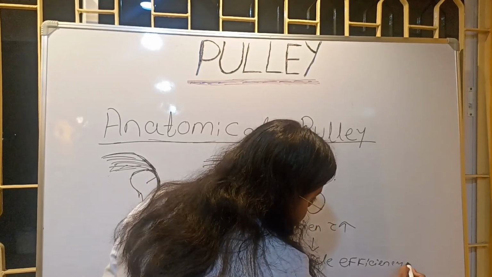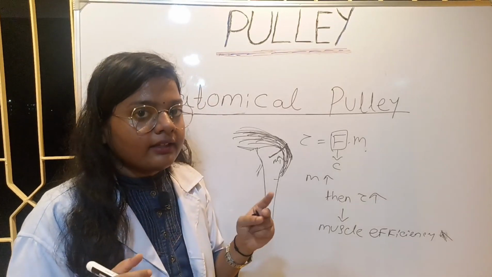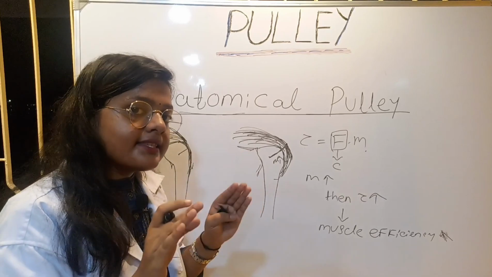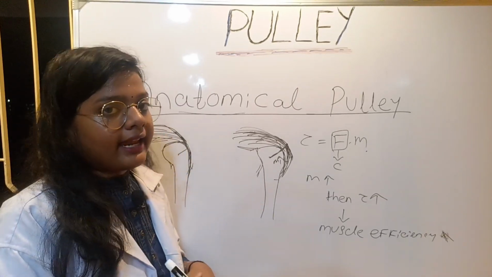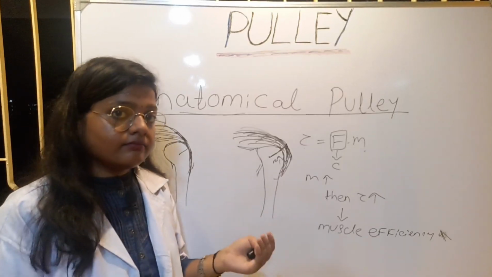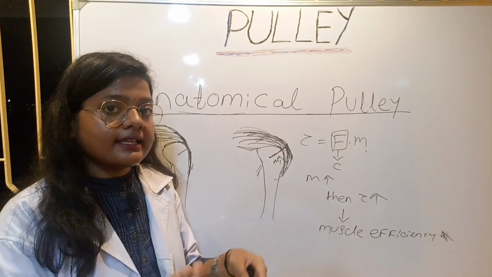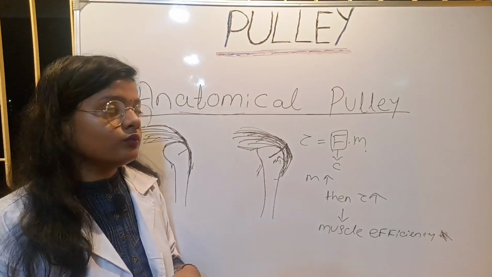So we can conclude that when we extend our moment arm, applying the same force or the same amount of energy, we can get very good output in our muscles, or the muscle efficiency increases while we increase the moment arm.